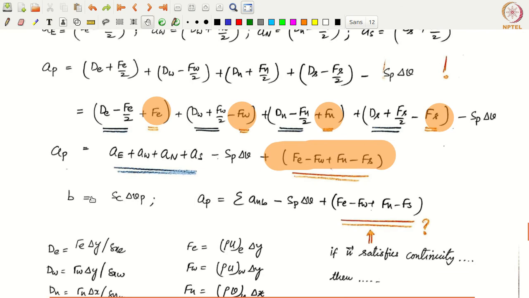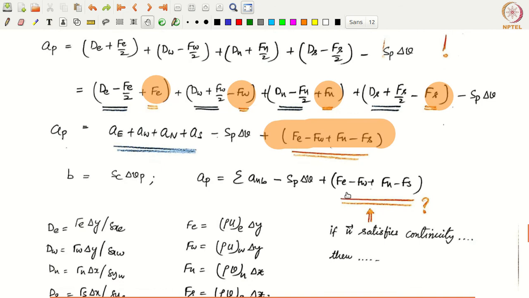Then what is our B? B of course is SC times delta V, and AP is now sigma A and B minus SP delta V plus this quantity. Now, these are all the mass flow rates through the faces, so basically they are the mass flow rates going out of the domain. If U and V are positive, then this is the total mass flow rate going out of the control volume.